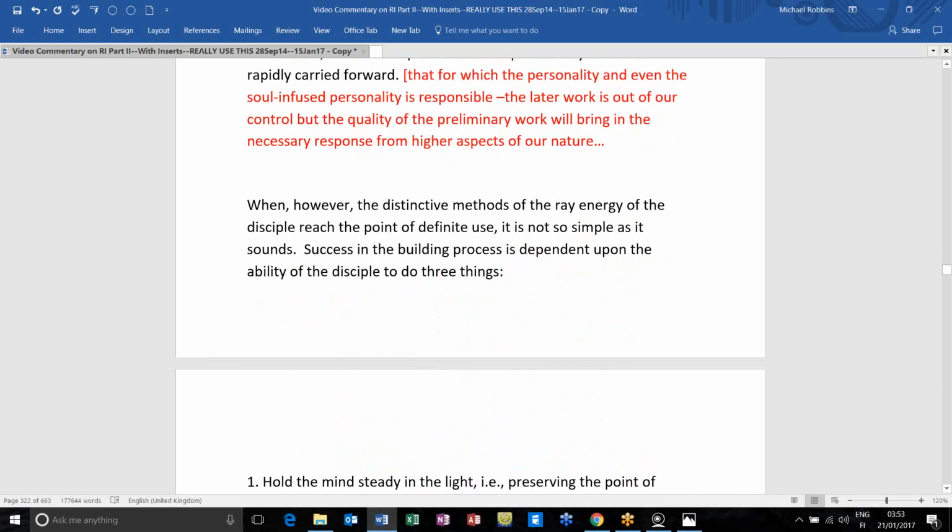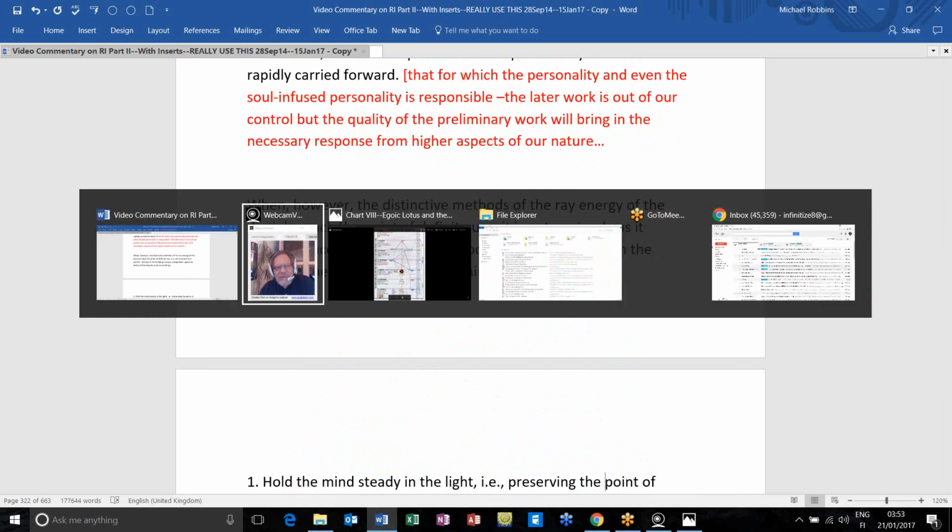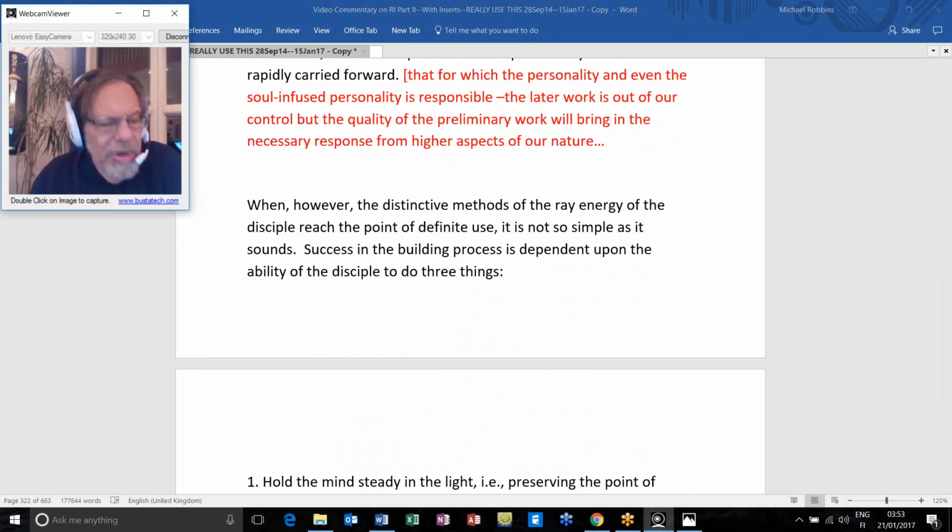Okay. When, however, the distinctive methods of the ray energy of the disciple reach a point of definite use, it is not so simple as it sounds. Well, this is a scientific formula in which we are engaged, or which we are attempting to apply, and we really have to be humble and patient.